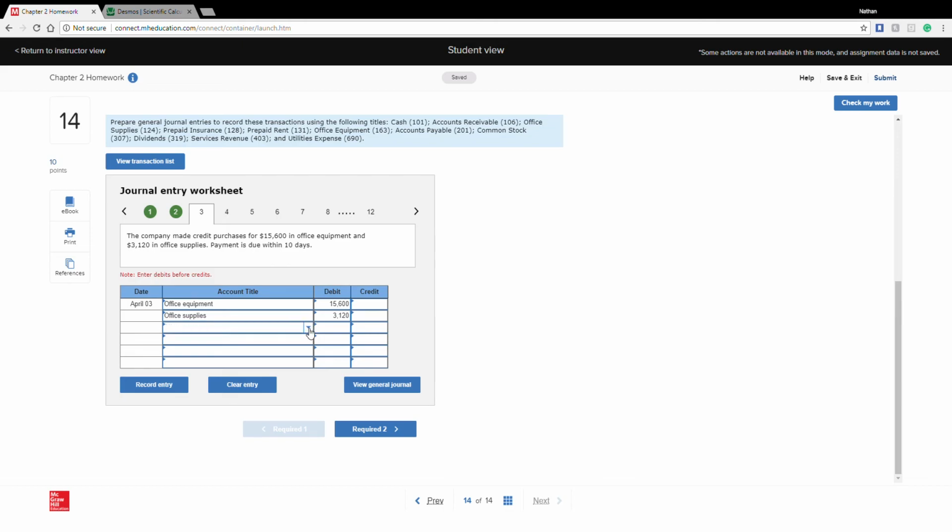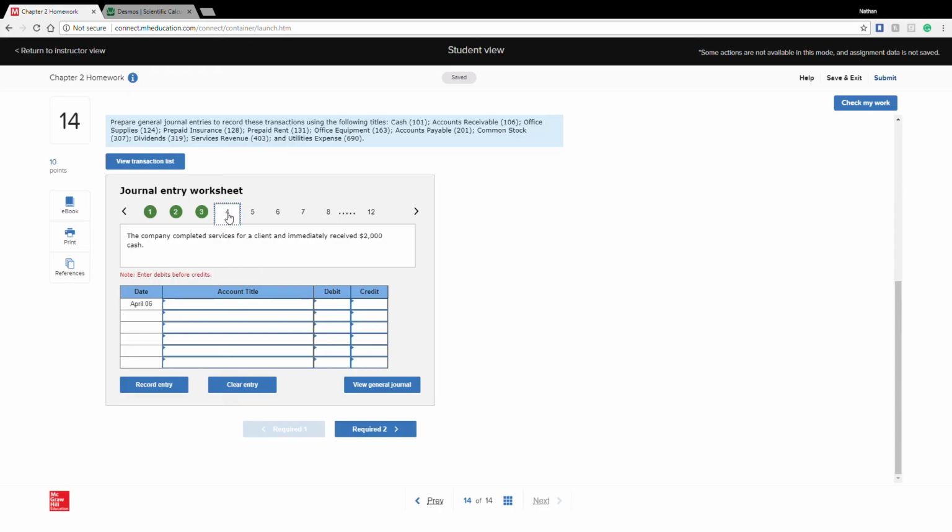So since it's made on credit, that will be accounts payable, and it's going to again be the total of these 2, which looks like a grand total of $18,720. So again, watch out on these that bring in multiple numbers. If I see 2 numbers, most likely starting off for these first few chapters, they're both going to be on the same side. They just want me to add.